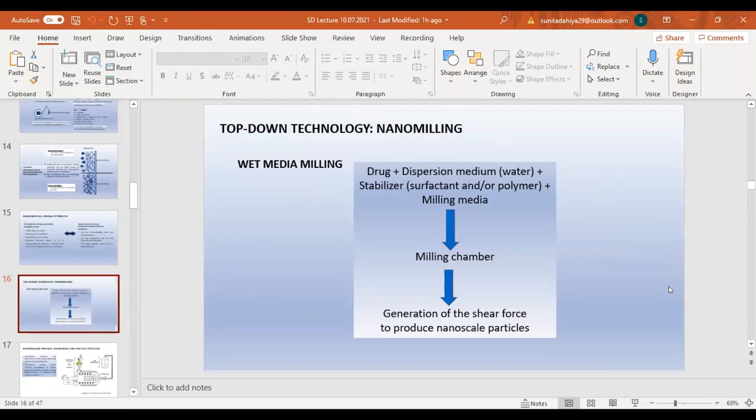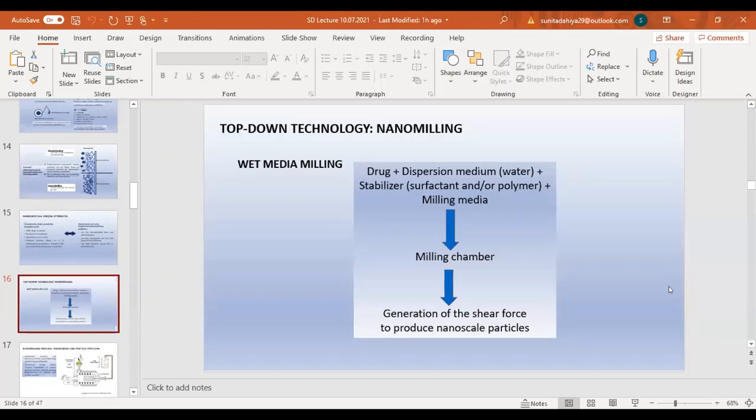The design of this equipment, known as the wet media mill or nanomill, is a matter of engineering work. It is an advanced technology which uses shear forces that impact the particles to reduce the size so effectively that it can be converted into nanoscale sizes.